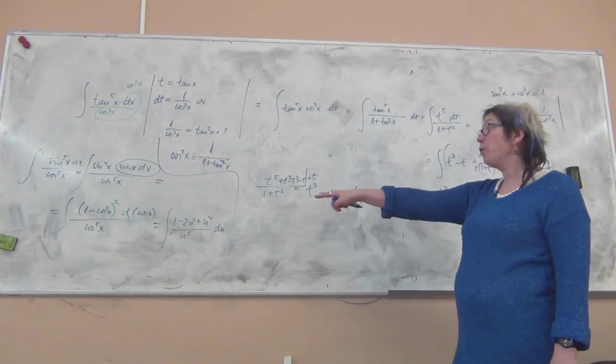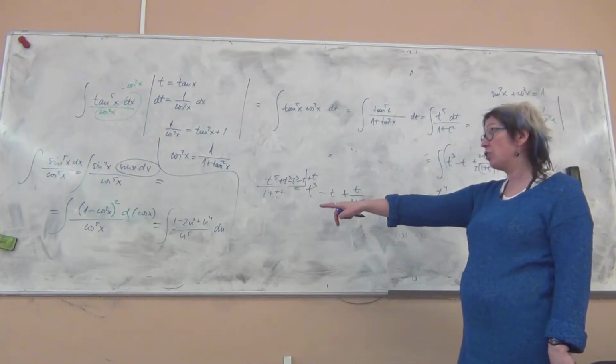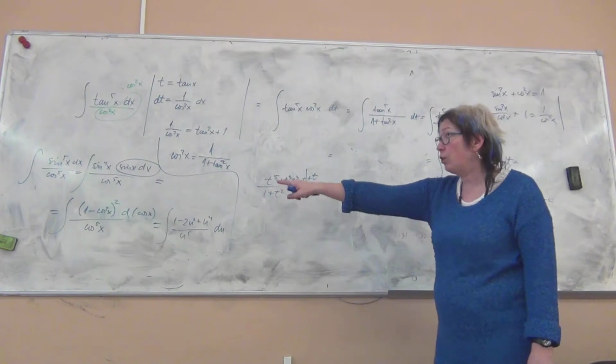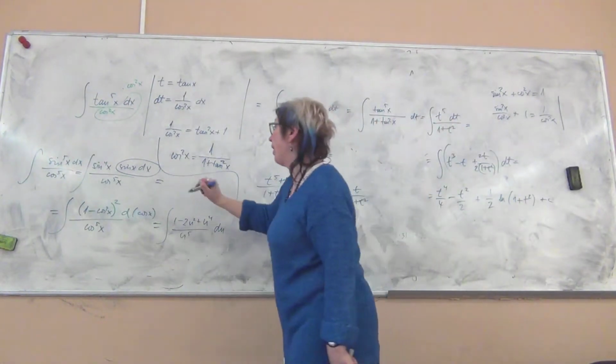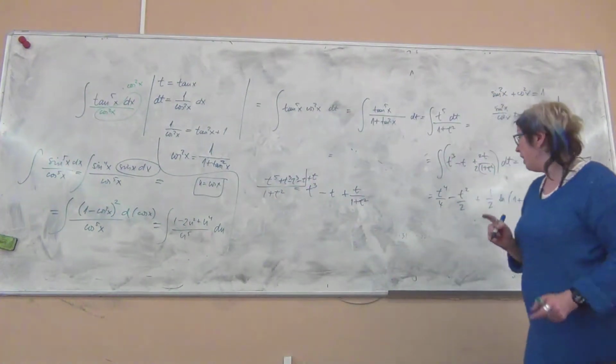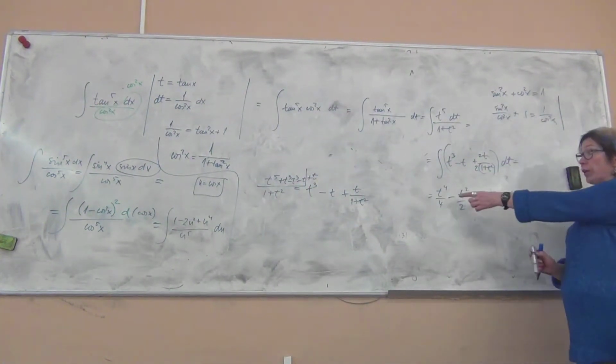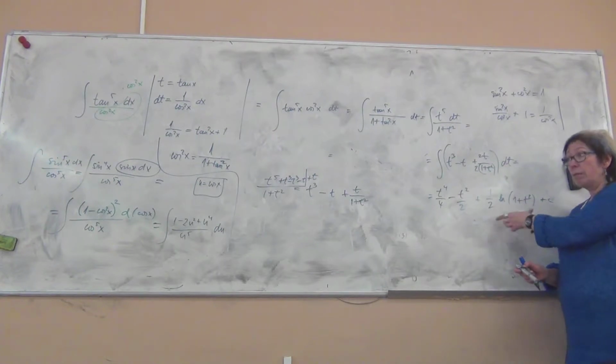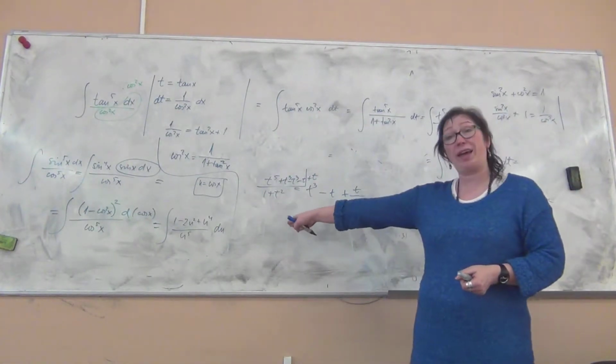In this way, I would have the answer expressed in terms of u, which means in terms of cosine. In this case, my answer would not be expressed in terms of tangent, but it would be expressed in terms of cosine.